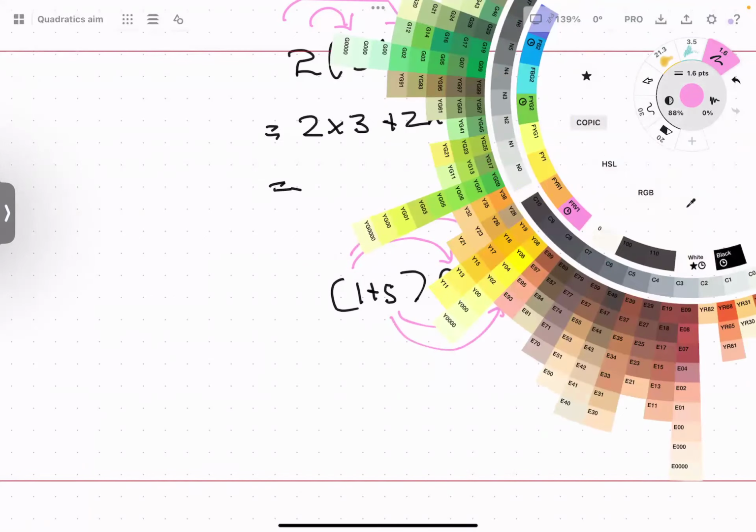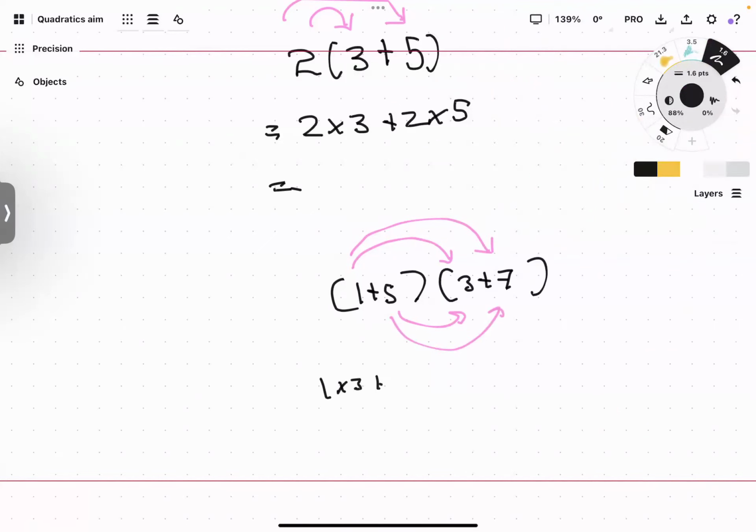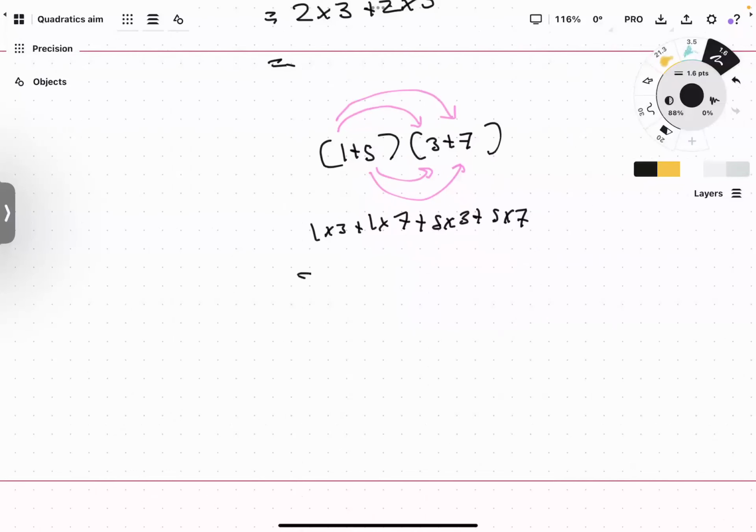And that will get you 1 times 3 plus 1 times 7 plus 5 times 3 plus 5 times 7, right? And that's where you're distributing each number with every number in the other bracket.